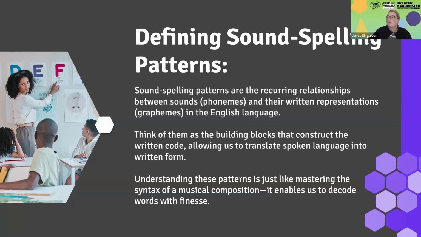There we go. So sound spelling patterns are the recurring relationships between sounds, phonemes, and the written representations, the graphemes, in the English language. A good way to think of them is as the building blocks that construct the written code, allowing us to translate spoken language into written form.